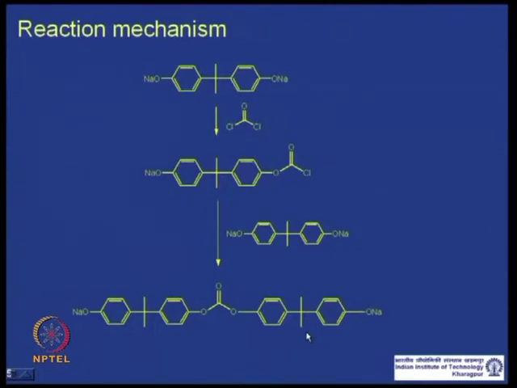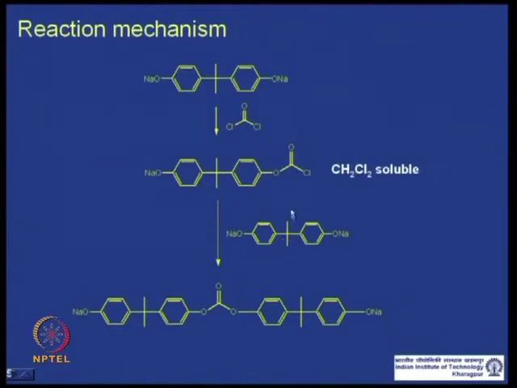Now, what is the problem here? One thing to consider is that bisphenol A in sodium hydroxide solution is a water soluble monomer, and phosgene is pumped through the organic medium, methylene chloride. So, when this is formed, it is a methylene chloride soluble species, so it will stay in the methylene chloride solution.